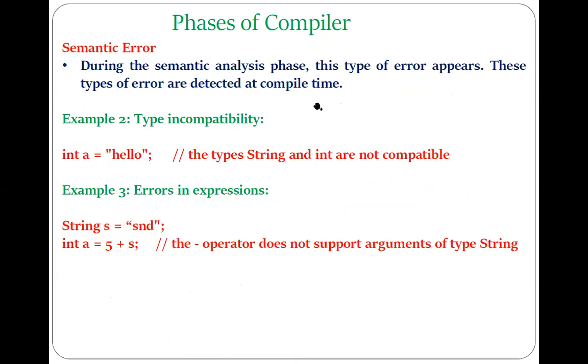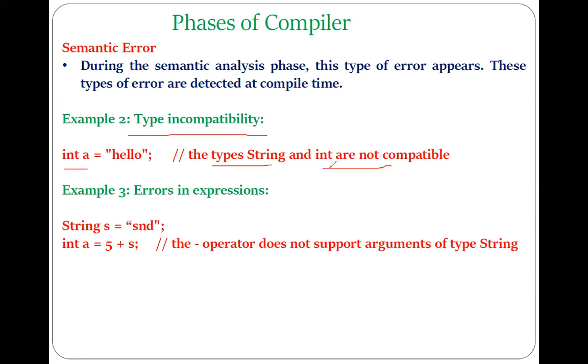Okay. Another kind of semantic error, you can see, is related to type. The second kind of error is type incompatibility, which I already told you about: checking the type compatibility. As I told you in the example, int a, and you are trying to assign a string to this integer variable. So the types string and int are not compatible.